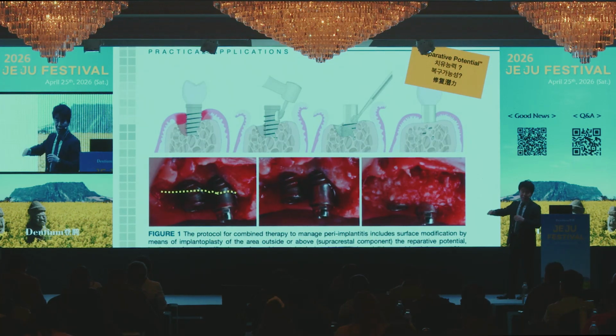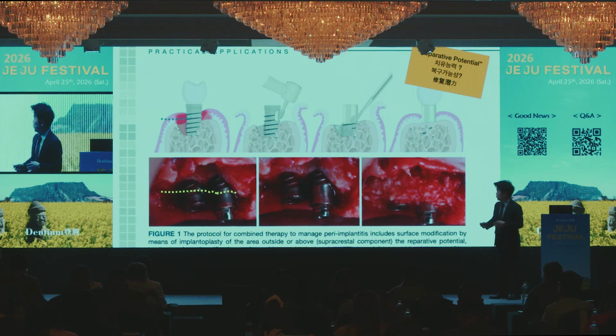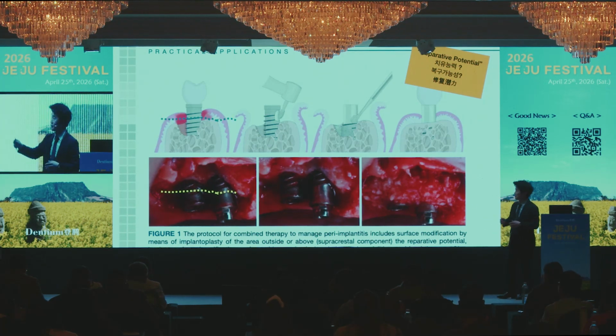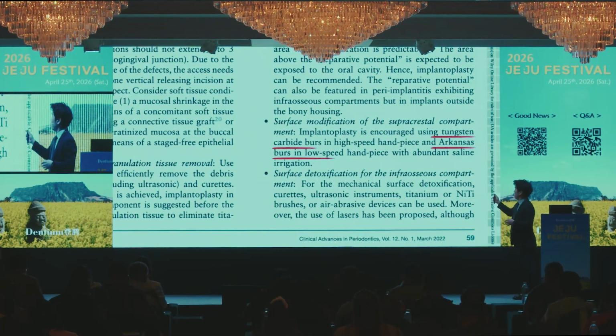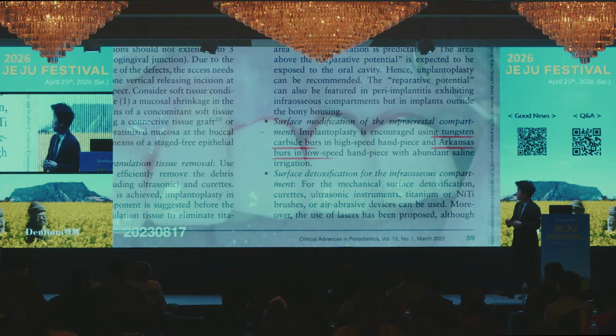But underneath the line, the potential of regeneration is high. So we can do the decontamination and bone graft with osteogenic collagen. And then we can use the tungsten bar and the Arkansas bar.